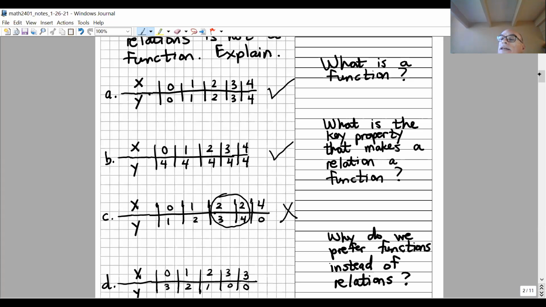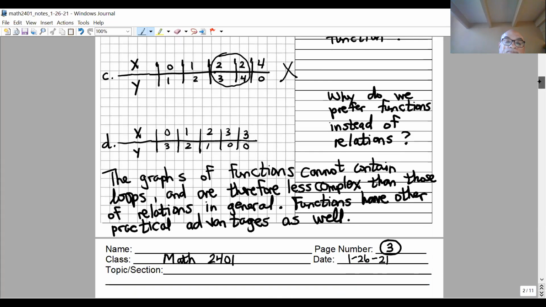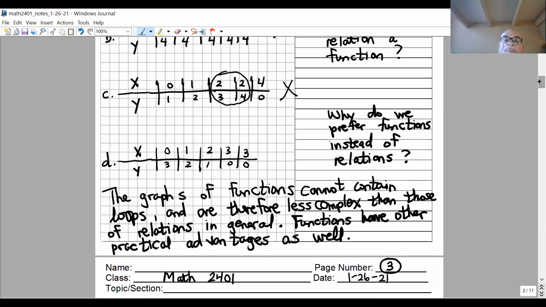And then what about D there? Yeah, it is a function. Again, it's a trick question. The answer there really is yes. Notice I repeated the x, but it still has the same y value.